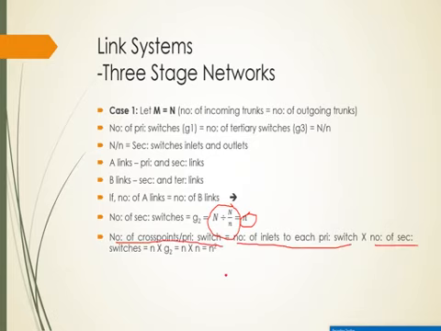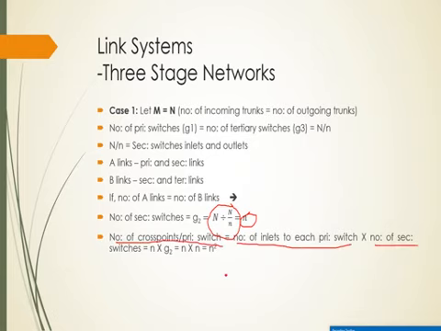On a similar basis, we have the number of cross points in the secondary stage, which is given by G2 into this parameter. What it identifies is, this is the number of secondary switches, and this is the number of inlets which are present. On a similar basis, the number of cross points per secondary switch is the number of outlets per secondary switch into the number of tertiary switches, or we can even identify it using the tertiary stage.